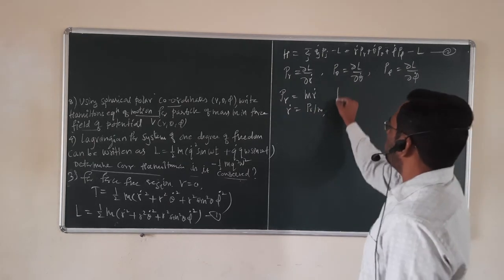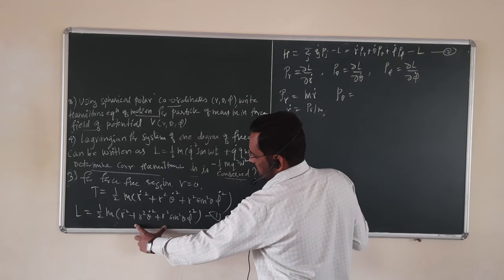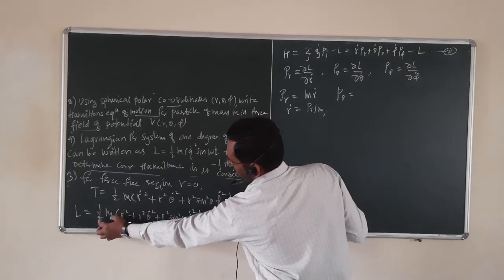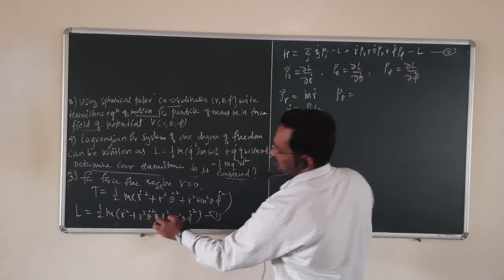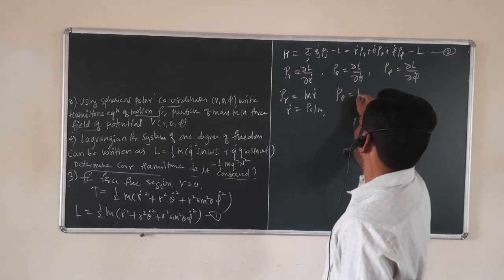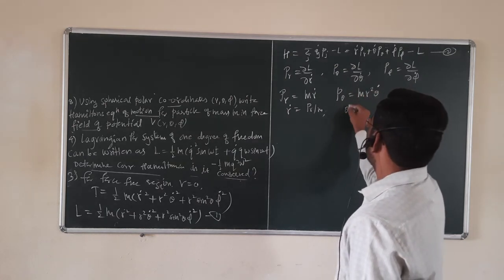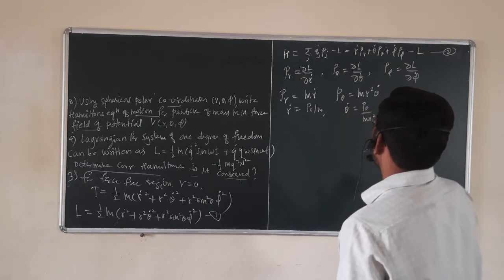Similarly P theta: here we take the derivative of Lagrangian with respect to theta dot, so that becomes 1/2 m r square into 2 theta dot. That 2 will cancel and we get m r square theta dot. So theta dot is P theta divided by m r square.